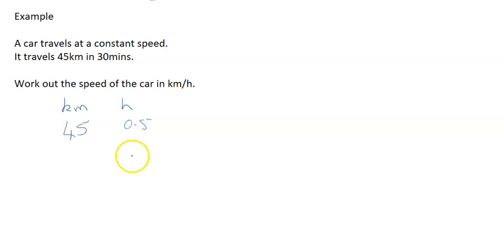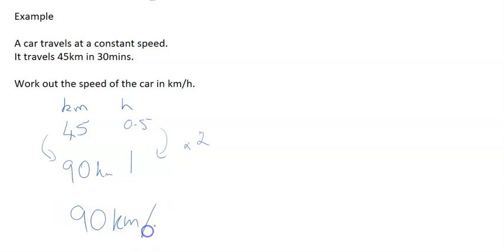So therefore, if we want 1 whole hour, we know we need to multiply by 2, and that's the same on this side. So 90 kilometers is the answer per hour. So I would answer that 90 kilometers per hour.